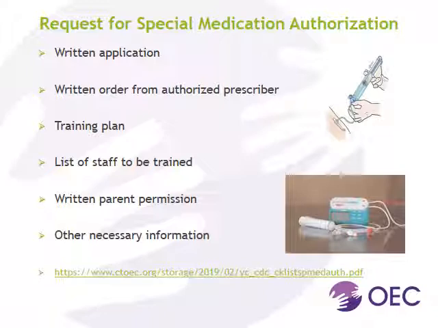This application would include a written order from an authorized prescriber, a plan that identifies how the provider and staff will be trained, a list of staff that will participate in the training, written permission from the child's parent, and any other information necessary to evaluate the request. A checklist of items required for the request for special medication authorization can be found at the address shown on the slide.